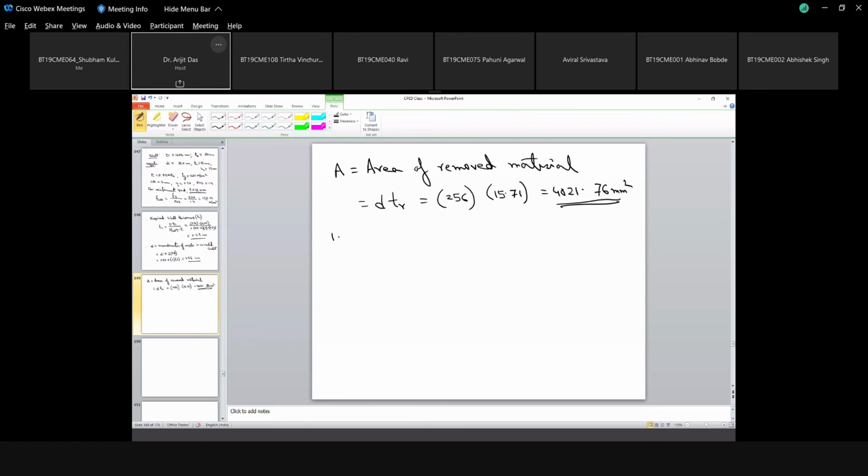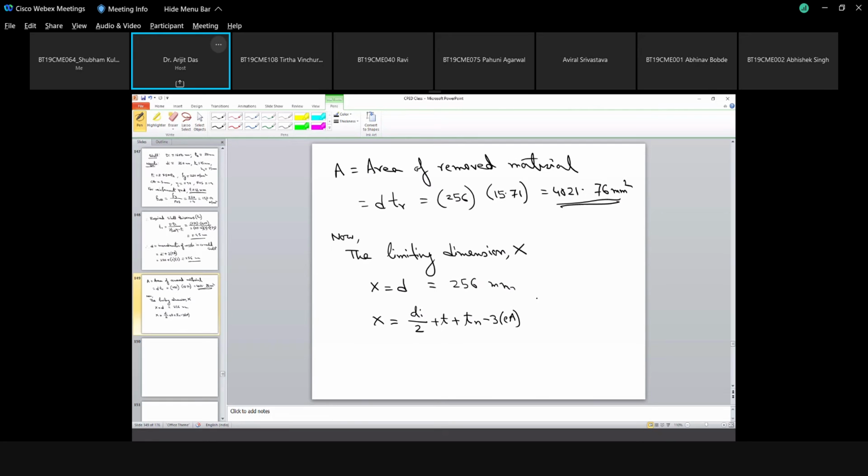Now the limiting dimension x. x may be equal to D, that is 256 mm, and may be Di by 2 plus T plus Tn minus 3Ca.